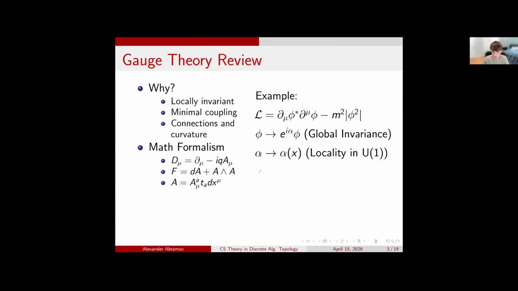So again, we're going to do a mapping. We start with our partial with respect to the Minkowski space over our potential. And this should be mapped, using our global invariance, onto e^{iα}, and we're taking this partial term.